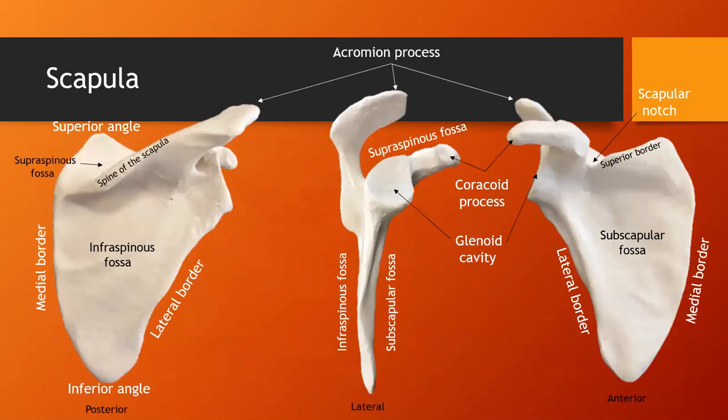B is going to be the forearm. C will be the radius and the ulna. So again, A is the arm, B is the forearm, and C is going to be the radius and the ulna.